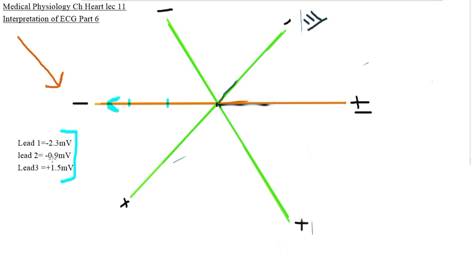Whereas lead 2 is giving us minus 0.9 millivolt, and if this is positive, this is negative, minus 0.9 millivolt will be here. I am drawing roughly, as you know the basic process by which you can calculate our resultant QRS vector. Whereas lead 3 is giving us plus 1.5. If this is 1, this is 2, it will give us this 1.5 millivolt.